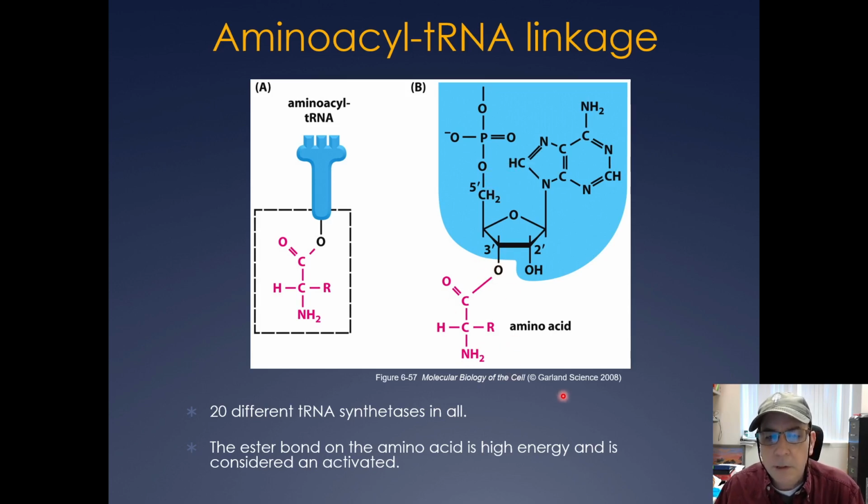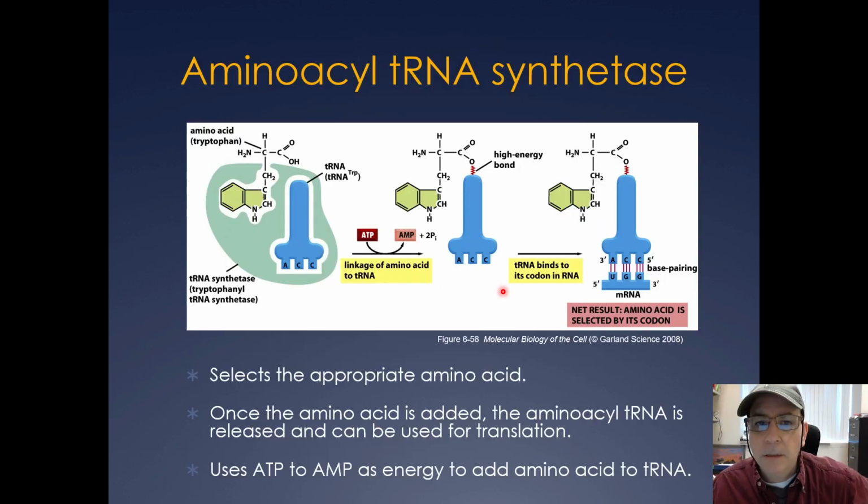So there's 20 different tRNA synthetases in all, probably one for each amino acid, and the ester bond on the amino acid is high energy, and that's sort of where the energy for protein synthesis comes in. There's also GTP hydrolysis, which helps the process, as we'll see in a second, during elongation and initiation.